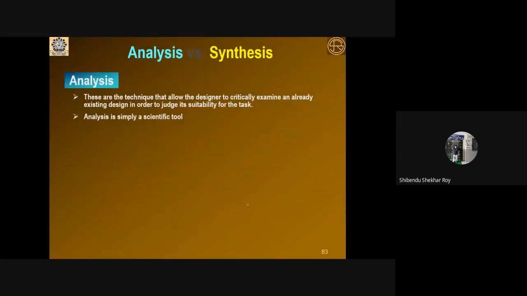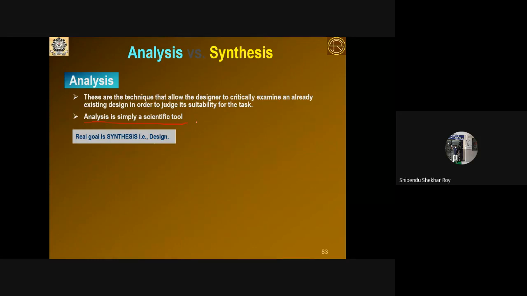Now, in short, you can say analysis consists of techniques that allow the designer to critically examine an already existing design in order to judge its suitability for the task. So analysis is simply a scientific tool, or engineering science-based tool, whereas synthesis is the real goal.